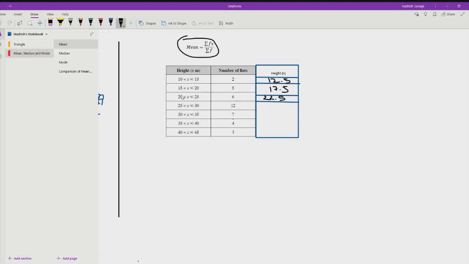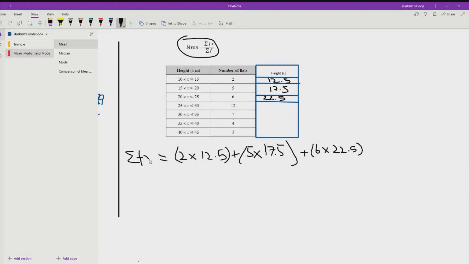For example, if I'm just doing the first three values, I'll do it like this: 2 multiplied by 12.5 plus, second value, 5 multiplied by 17.5 plus, my third value, 6 multiplied by 22.5. So this is my summation of fx.